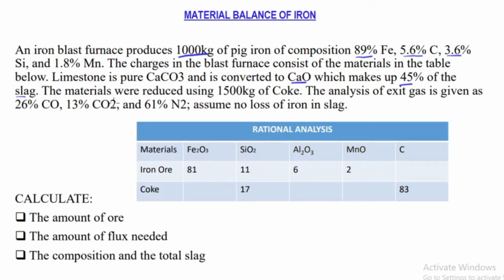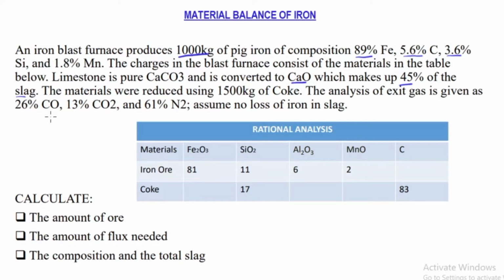Now, they gave us the material reduced using 1,500 kilogram of coke. The analysis of the exit gas gives us 26% carbon monoxide, 13% carbon dioxide, and 61% nitrogen gas, assuming there is no loss of iron in the slag. This table is prepared by having the materials.